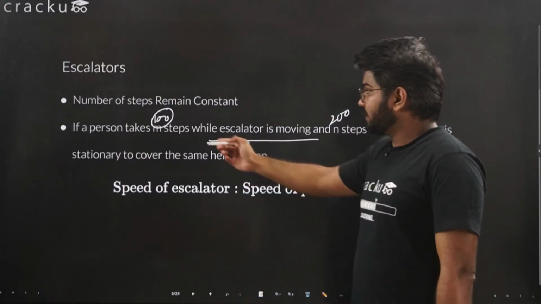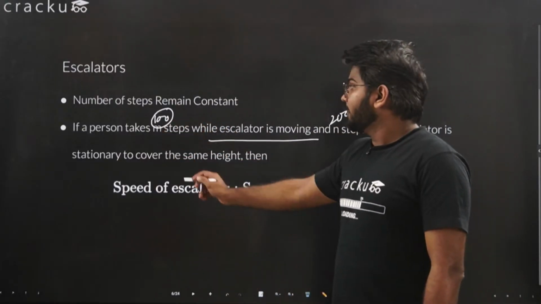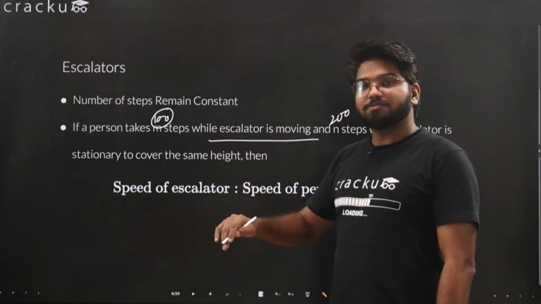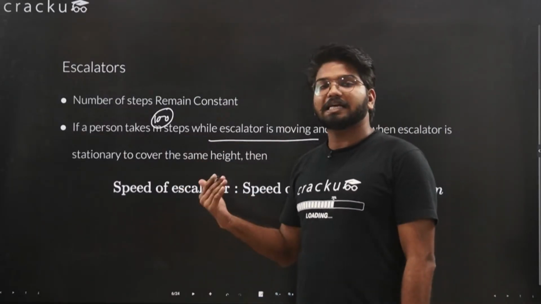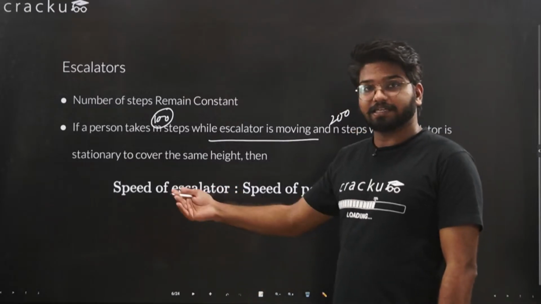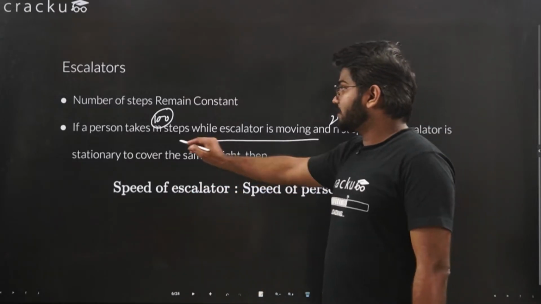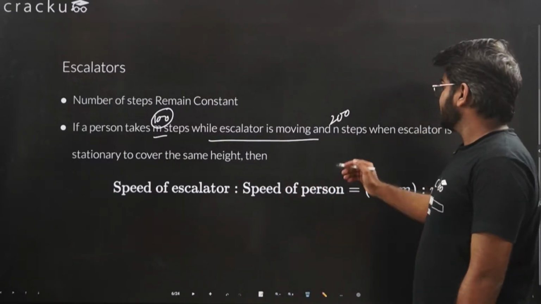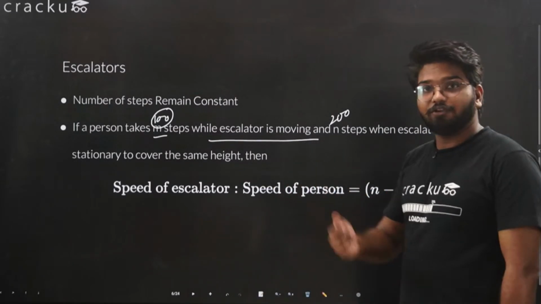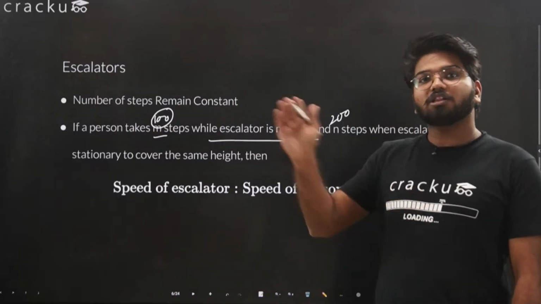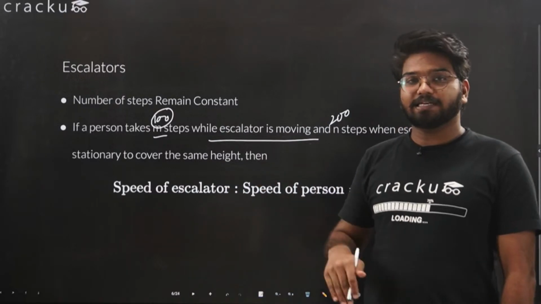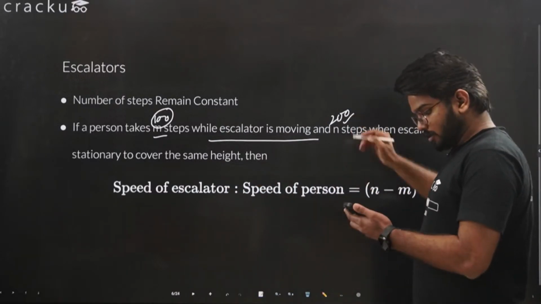Because when he is taking 100 steps while the escalator is moving, some steps are taken by the person, some steps are taken by the escalator. So that's why he takes 100 steps, let's say. And n steps when the escalator is stationary. If the escalator is stationary, then all the steps are taken by the person only. It is not taken by the escalator. So that's why there are more steps.